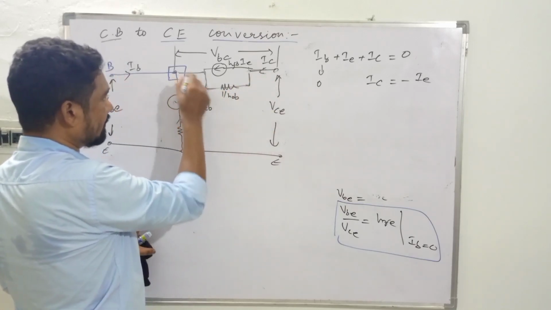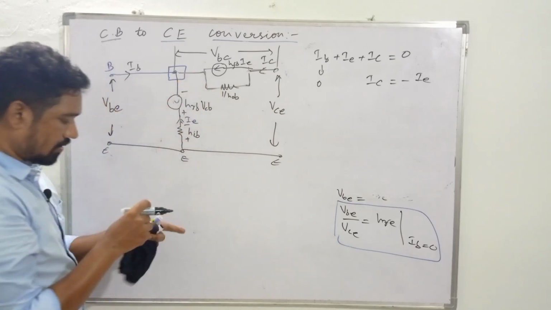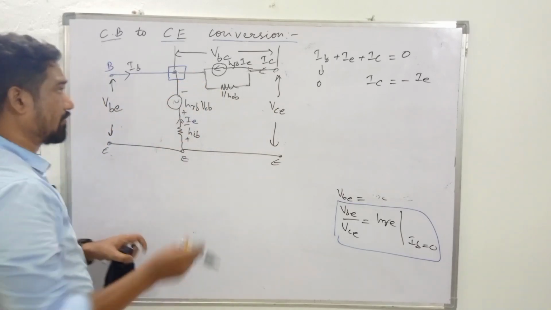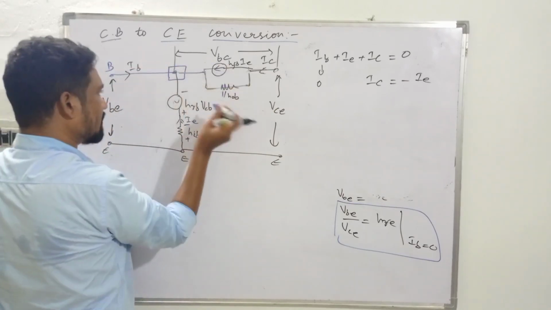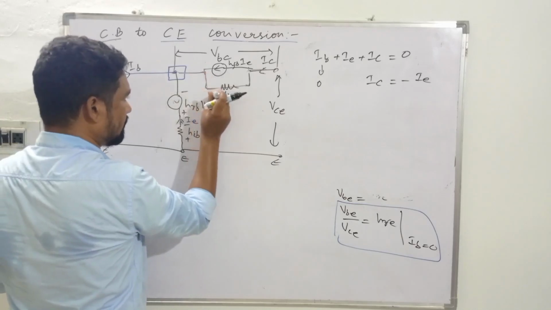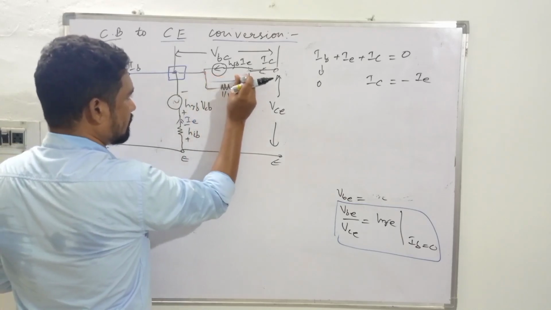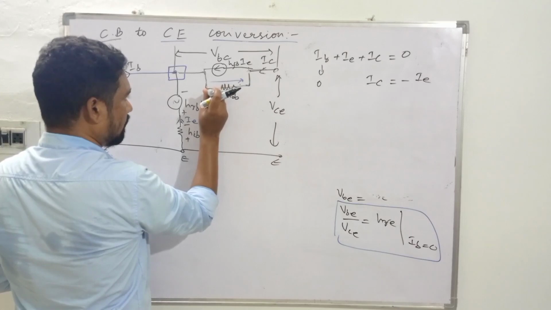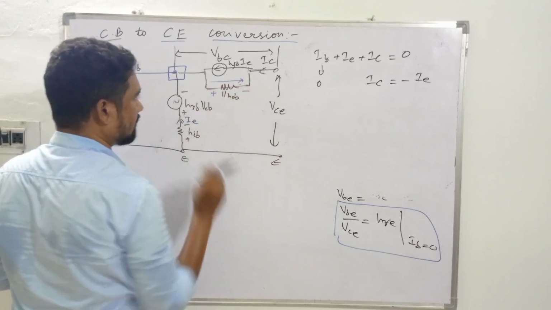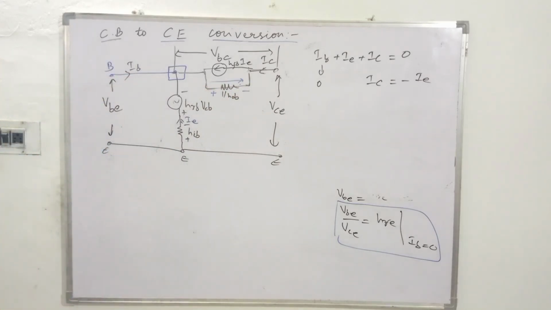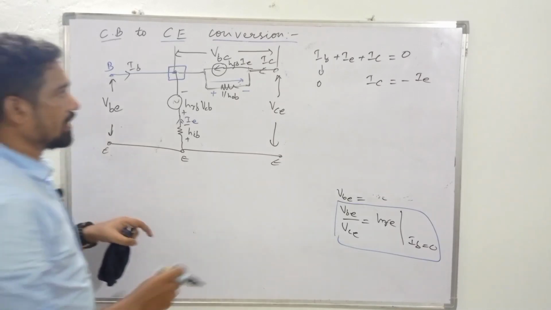So we have a current, this is a very confusing point, you have to make a note of this one, some current will be flowing in this direction, all right? So we have a positive and a negative over there. So make a note of that one. So what will be IC here?